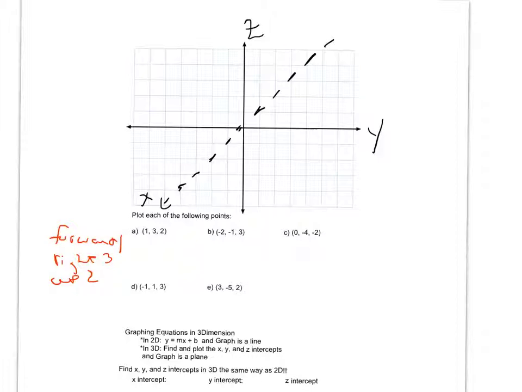So I'll start at my origin, and I will go forward 1, right 3, and then I will go up 2 and put a point there.